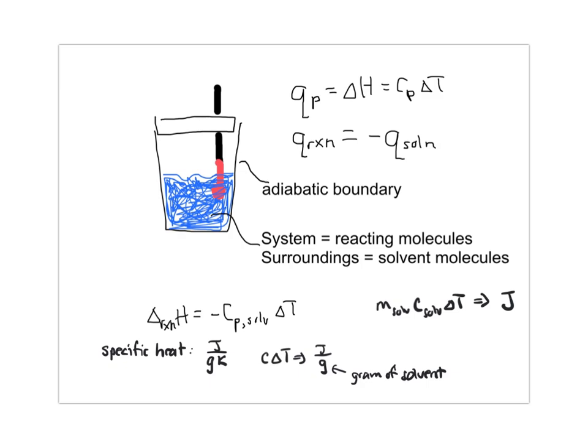Then if I want my change in reaction energy to be per mole of reacting molecules, I simply have to figure out how many moles of molecules have reacted and divide this energy by the number of moles of reacting molecules. So I would need to divide by the number of moles of reaction that has been done, and then I will have my delta H in terms of joules per mole of reaction.